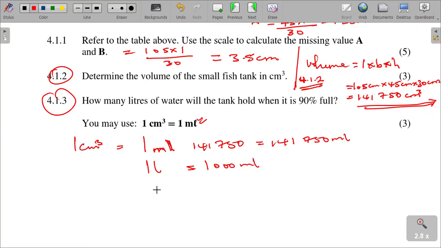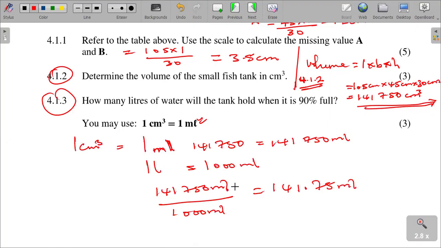Then 141,750 milliliters over 1,000 milliliters is going to give us 141.75 liters, which is equal to 0.9 multiplied by 141.75.